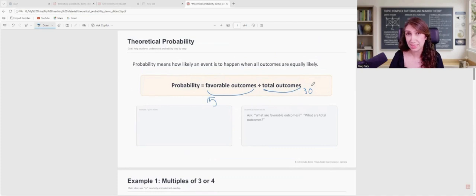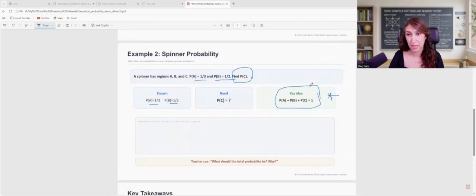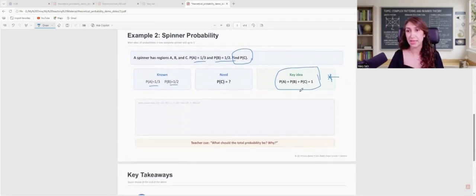Does it make sense? Is there any question? Okay, based on this key idea, we can easily find the probability of C.